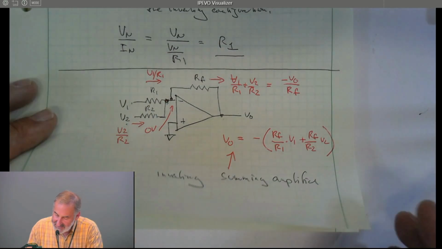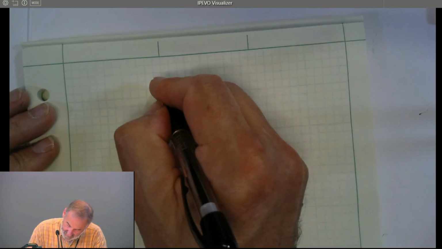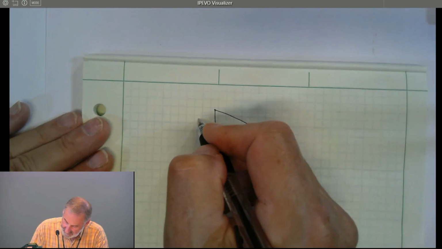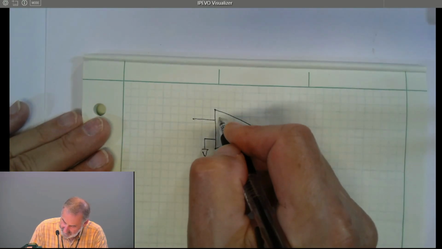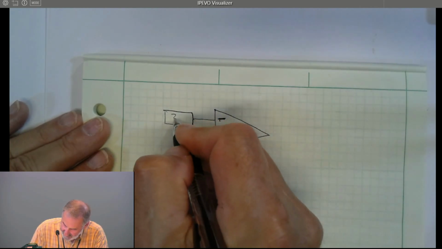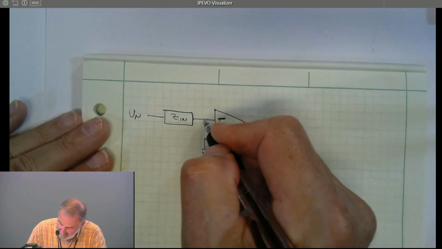All right, let's take a look at other applications. Now, I can show a more generic version. Our minus input, our plus input. We have some input impedance, Z in, V in.